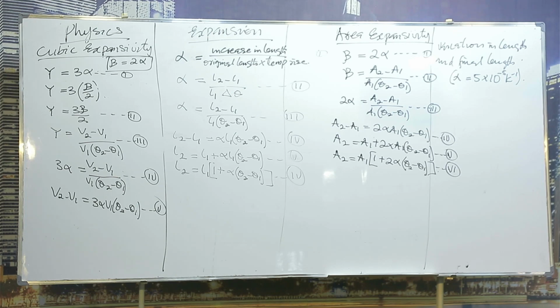In physics, the unit is per degree, and per Kelvin is the same. You don't convert anytime you have per. You can convert when you have degree directly, not per. Per is a limit unit.